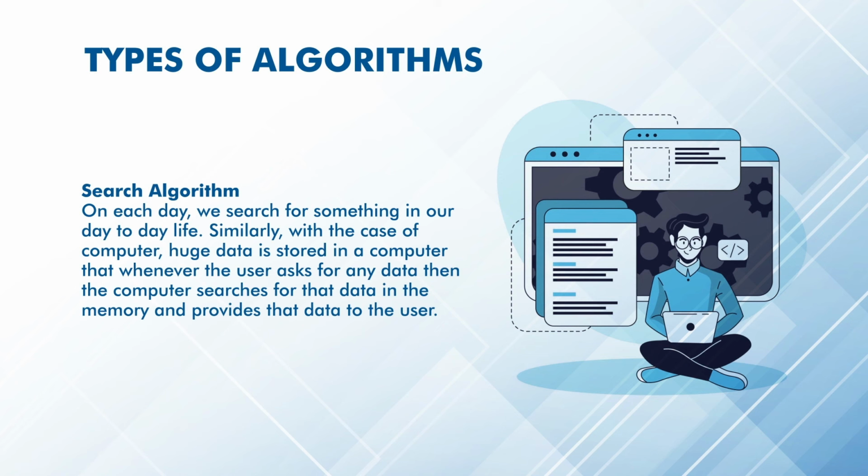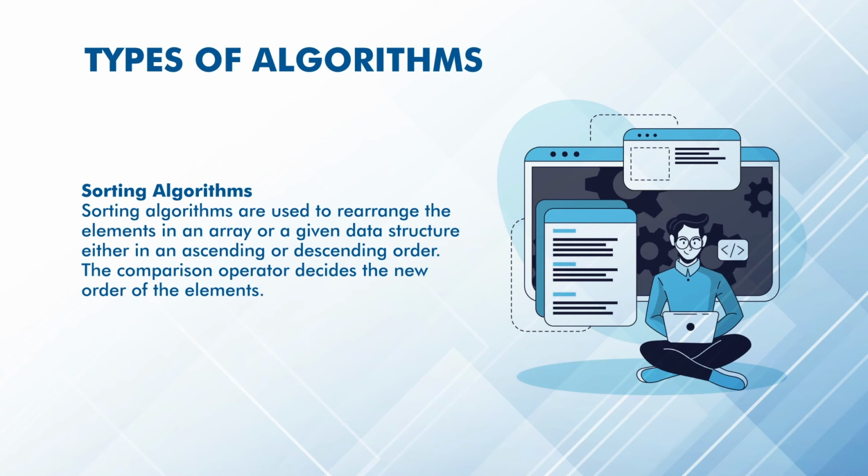Similarly, in the case of a computer, huge data is stored in a computer, so whenever the user asks for any data, the computer searches for that data in the memory and provides it to the user. Second category is the sorting algorithm, which is used to rearrange the elements in an array or a given data structure, either in ascending or descending order. The comparison operator decides the new order of the elements.